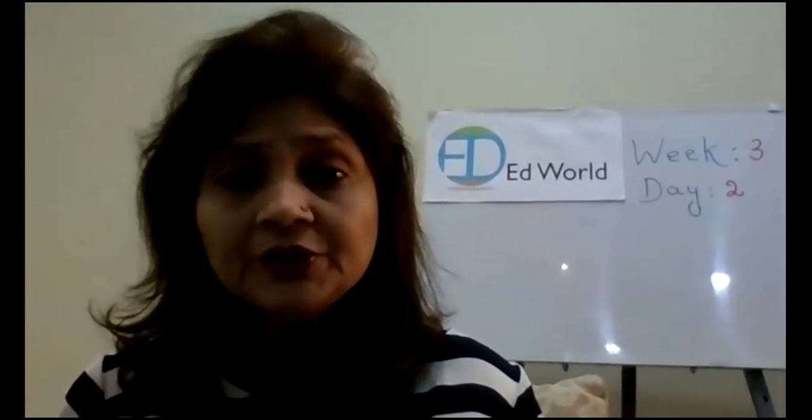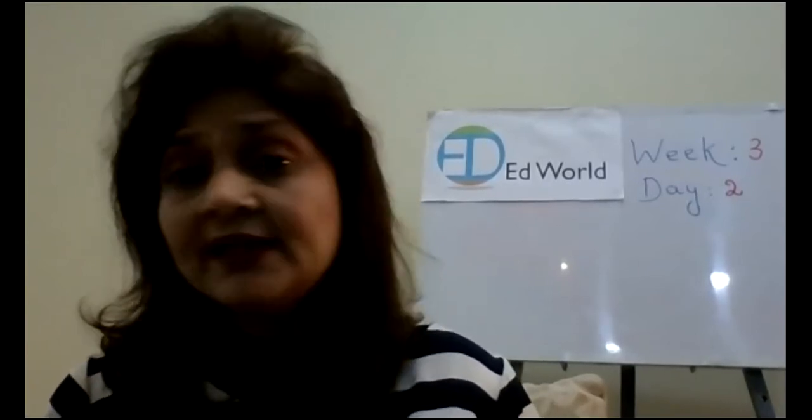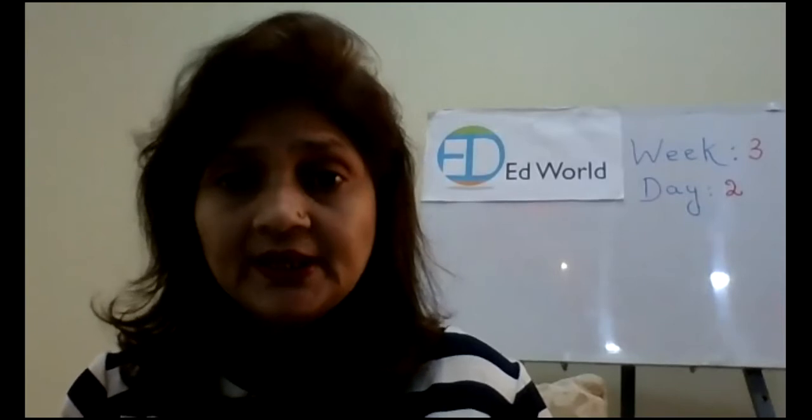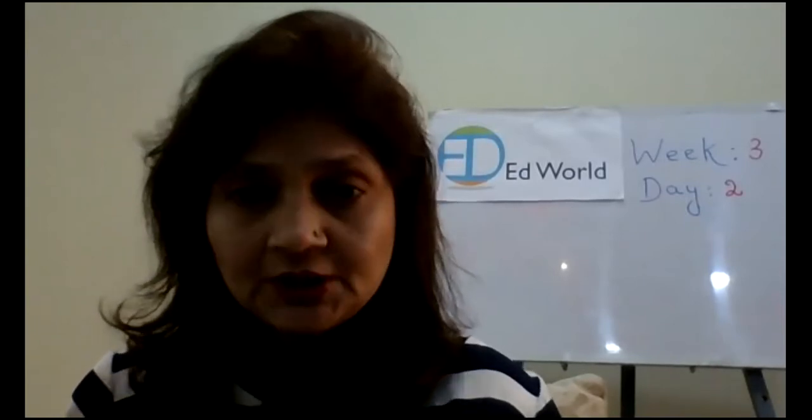Now, what we are going to do today is we are going to discuss plants only, but there is a different thing that we are going to discuss. I'll show you a picture and you will tell me what the picture is showing and what it is about.